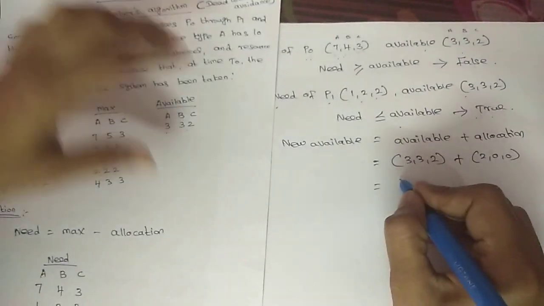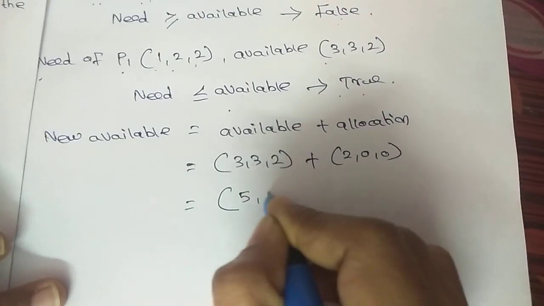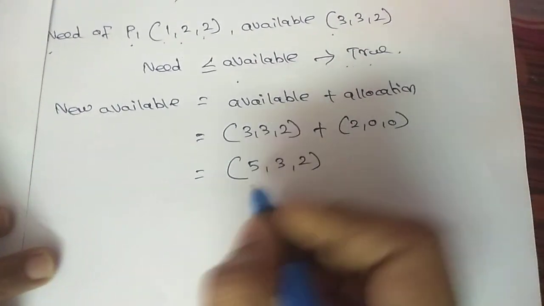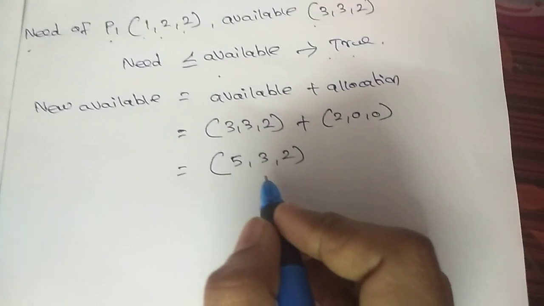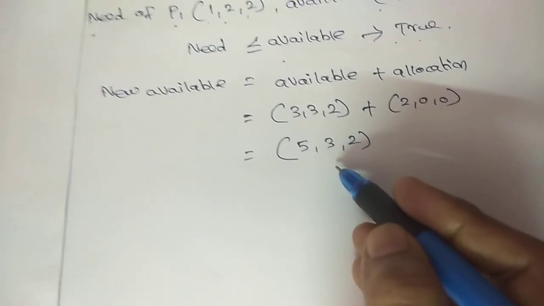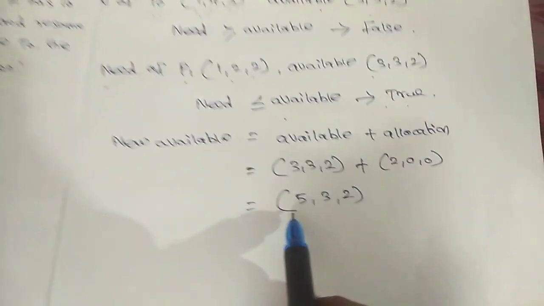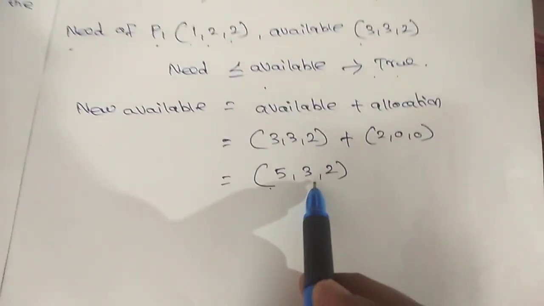At this time we get the new available 5, 3, 2. So we are going to compare the next need with this new available.